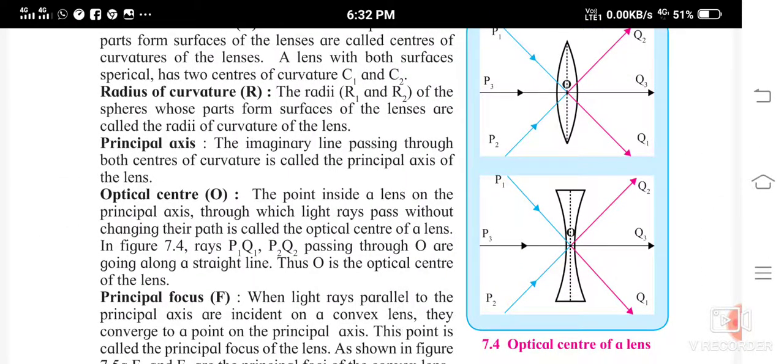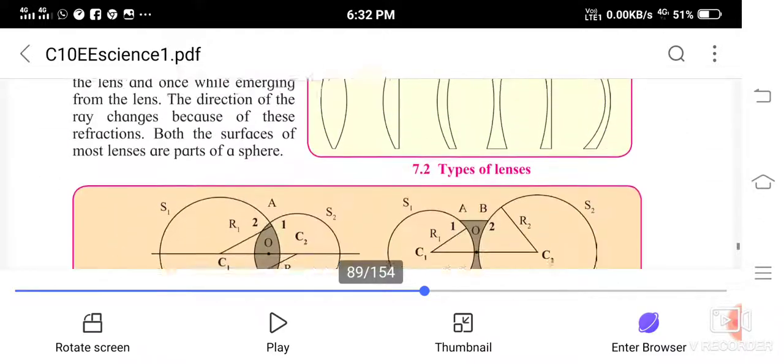Now, optical center. The point inside a lens on the principal axis through which light rays pass without changing their path is called the optical center of a lens. Okay, so what is the optical center? The point inside a lens. Okay, you have seen which is the lens, the middle one of the 2 centers. This was the shape, isn't it?